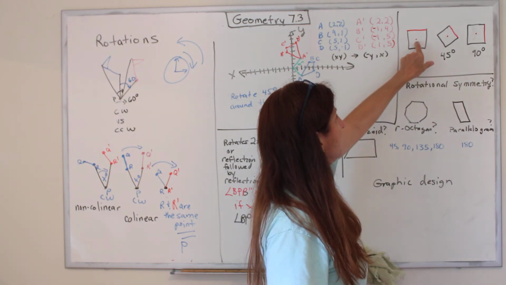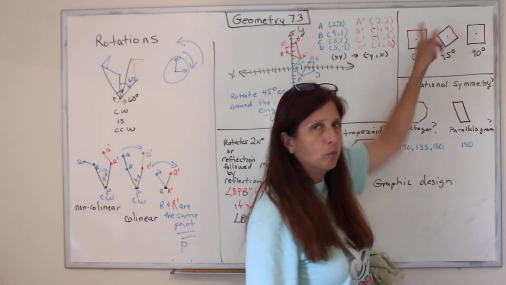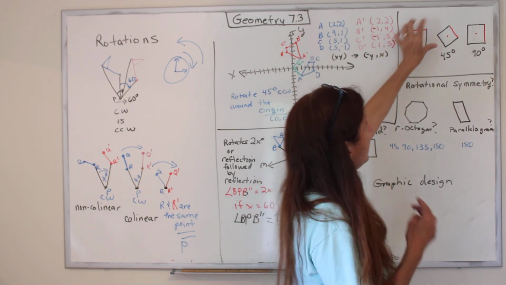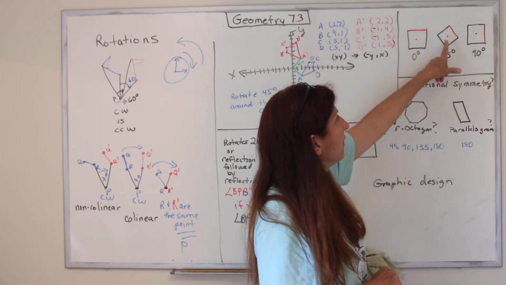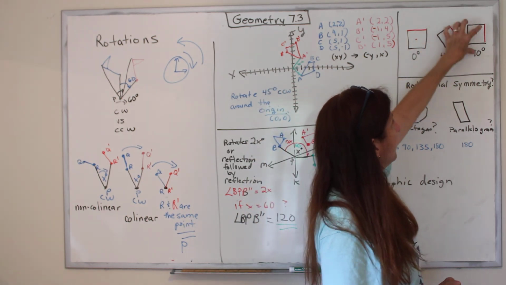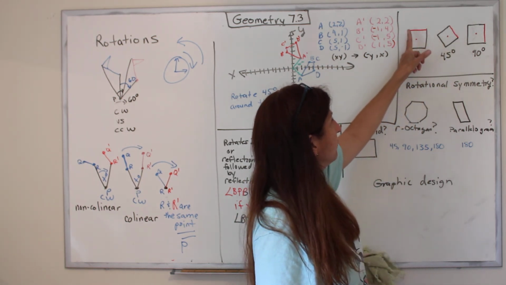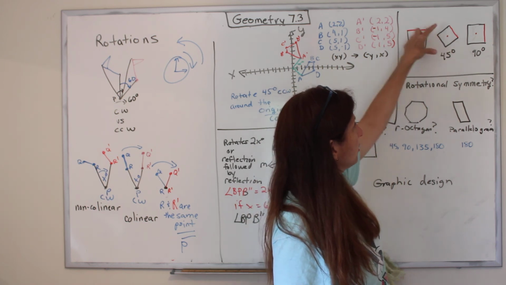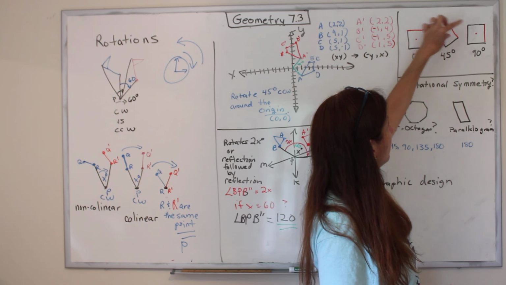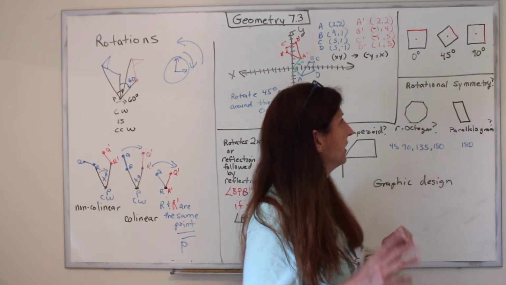It's got a push pin in the middle, and this is the top where the red line is. And I can rotate it. If I rotated it to go here, that would be 45 degrees. If I rotate it here, that would be 90 degrees. Imagine it turning on the push pin: you turn it 45, turn it all the way where this side's on that side, it's called 90 degrees.